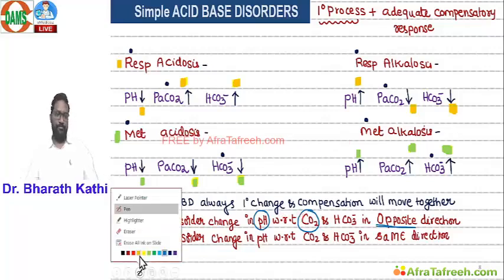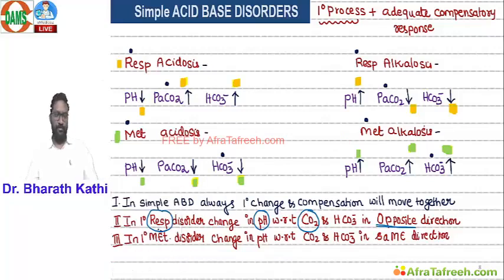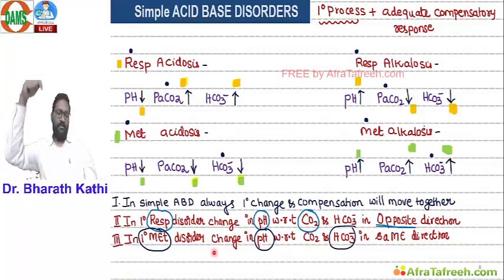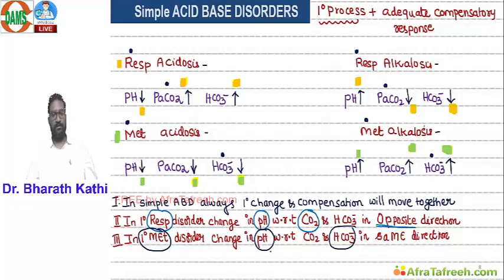Rule number 3. To call it a primary metabolic disorder, change in pH is due to bicarbonate. How are pH and bicarbonate related? It is a direct relation. It means if bicarbonate increases, pH increases. If bicarbonate decreases, pH also decreases. The logic here is, in a primary metabolic disorder, change in pH is due to bicarbonate.